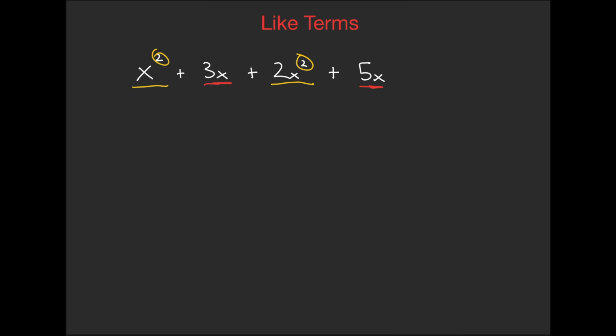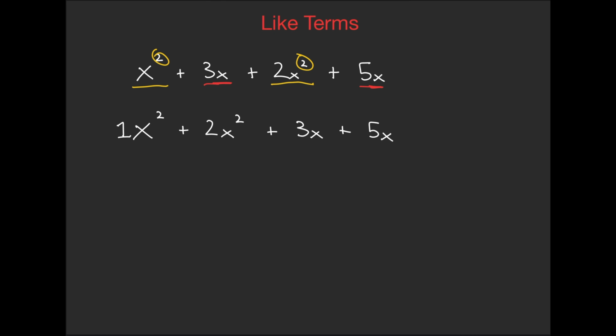So our next line, if we rewrite the expression, x squared plus 2x squared plus 3x plus 5x. Now we can combine these like terms. Next to this x squared, there's an invisible 1.